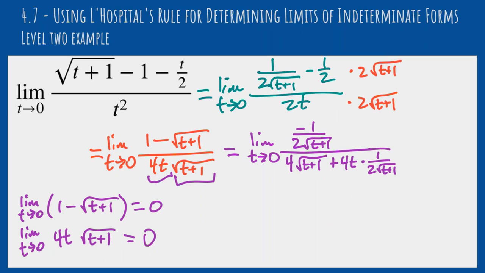And I know that looks pretty complicated, but we can evaluate that just by plugging 0 in for t. And so when we plug 0 in for t, we're going to get on top negative 1/2. And then in the denominator, we're going to get 4 plus 0, because this is going to be a 0 right here. So we get negative 1/2 over 4, which is negative 1/8.